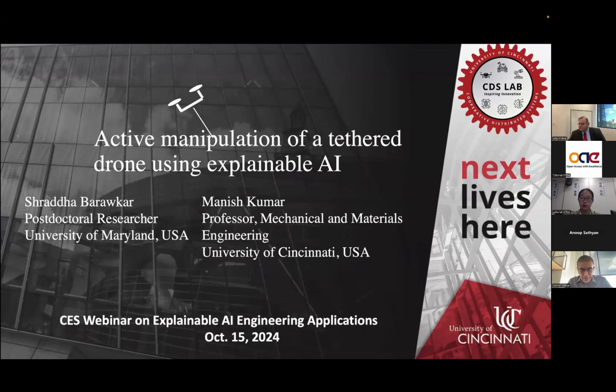So the title of this paper is Active Manipulation of a Tethered Drone Using Explainable AI. This is a work carried out by my previous Ph.D. student, Dr. Shraddha Bardavkar, who is a postdoctoral researcher now at University of Maryland. This work is kind of an offshoot of the work that she did for her PhD, which involved developing controls for multiple UAVs carrying a common payload.